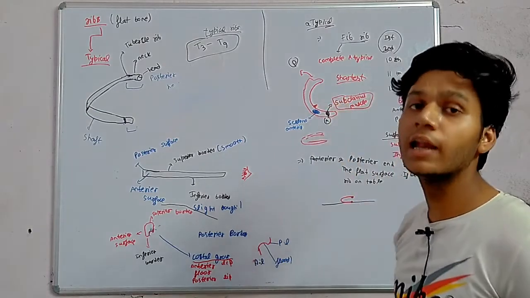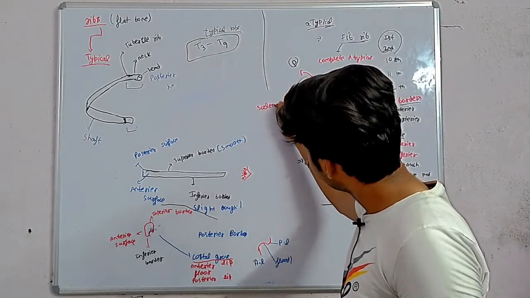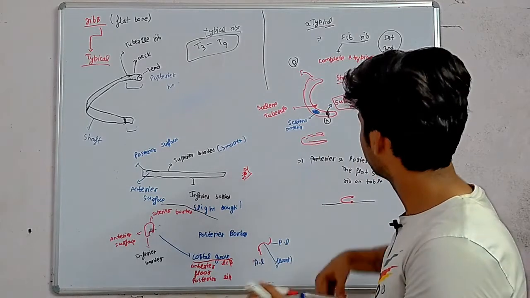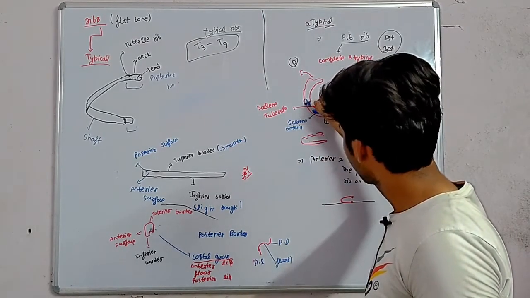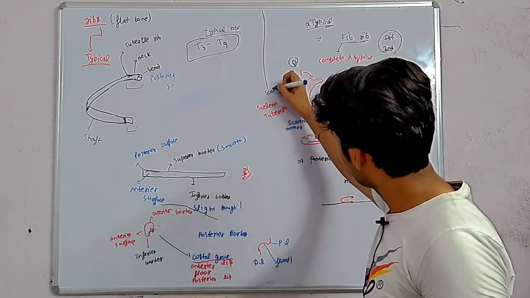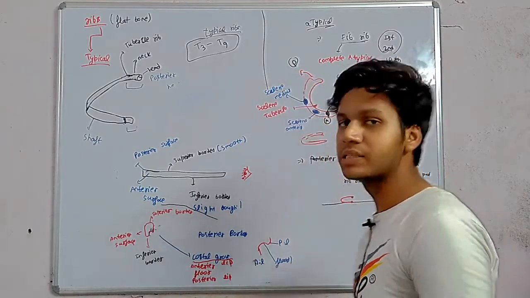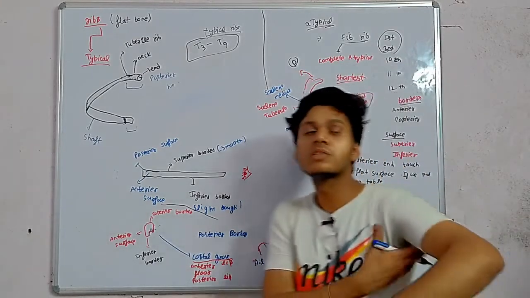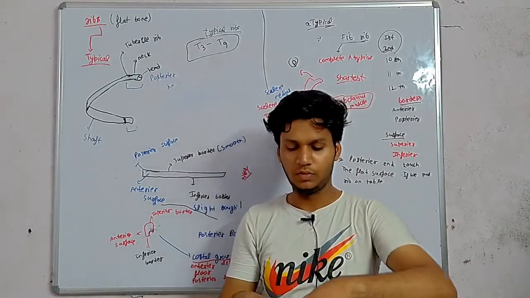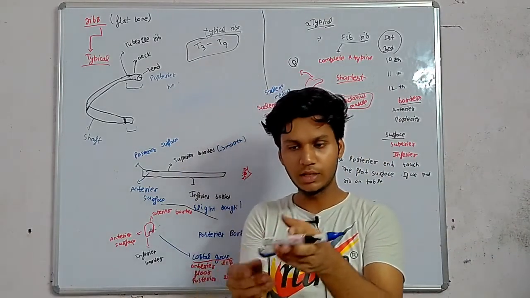This is called the scalene tubercle. And here is the scalenus medius, present on the lateral shaft side. The lateral shaft is like this; this is the rib.